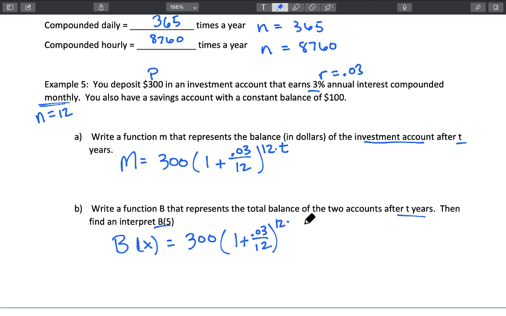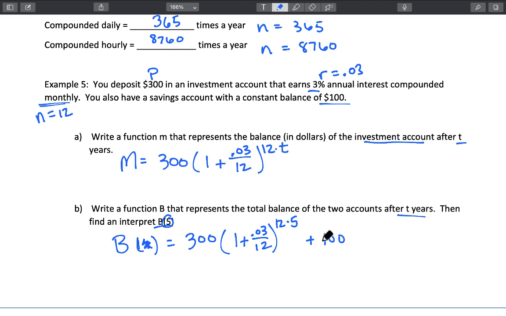But remember t, or I should say x, well, our t is going to be 5. All right, so we're going to evaluate this for 5. Plus, now remember your savings account has a constant balance of $100. Now we're just going to add 100 there at the end.